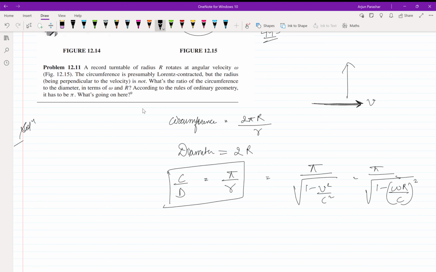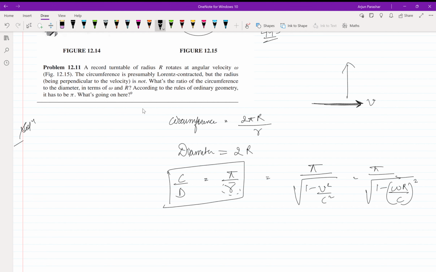Now he's asking, according to the rules of ordinary geometry, it has to be pi, because gamma would not be there. Due to relativity it came here. So what's going on? He's asking why gamma is in the denominator.